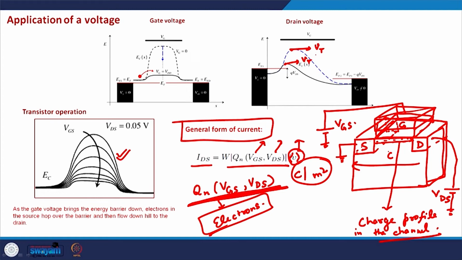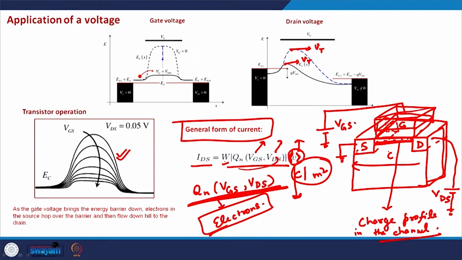So if we have the charge density or the number of electrons in steady state in the channel, and we know how fast this charge is getting eliminated from the channel, how fast this charge is moving through the channel, then the current will be given by the product of the charge density, the velocity and the width. This is a very general definition of the current, and this is true for any arbitrary device.